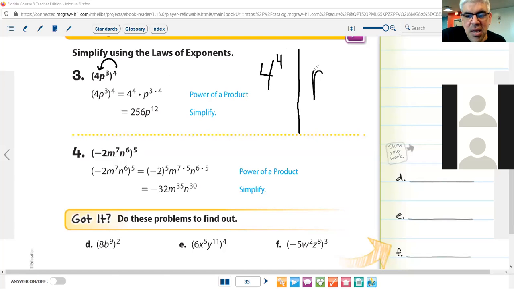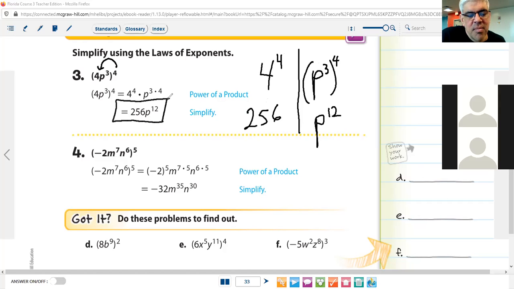Then I have p cubed, and then the 4 applies also here. 4 to the 4, if you multiply 4 times 4 times 4 times 4, is 256. And then here you keep the base, you multiply the exponents, 3 times 4 is 12. And if you notice, that's my answer right here. You don't have to copy that.